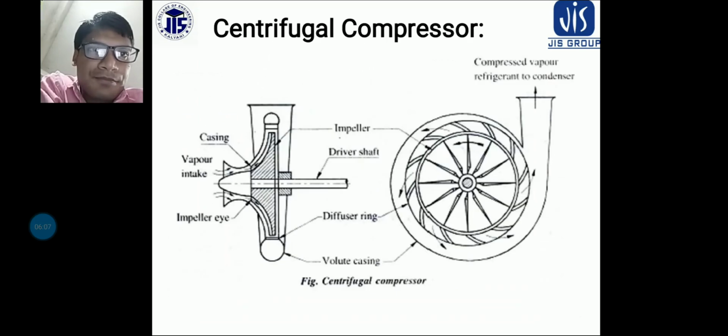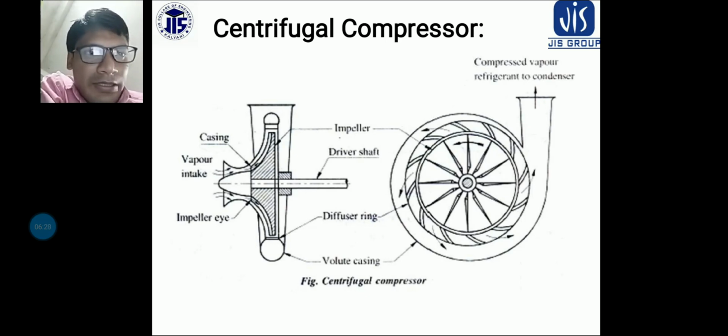After that, we discussed the centrifugal compressor. In the centrifugal compressor, we have seen the volute casing, diffuser ring, driver shaft, impeller eye, vapor intake, casing, and the compressed vapor going to the condenser.